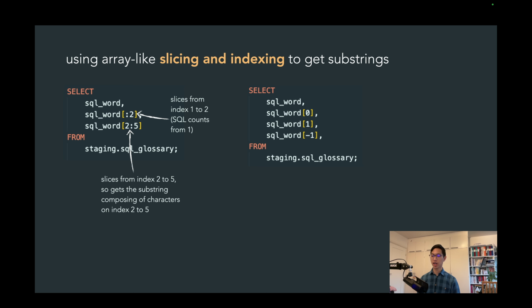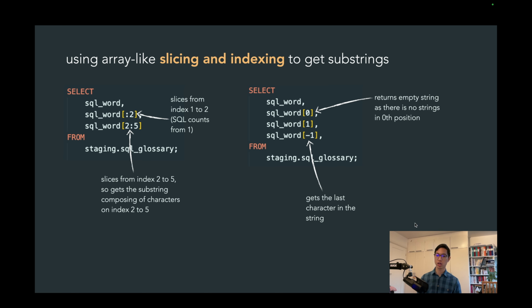This will give you an empty string as there's no character in the 0th position because we start counting from 1, right? This one gives us the first character, and then here we get the last character in the string. So we can take -1, similarly as in Python indexing.